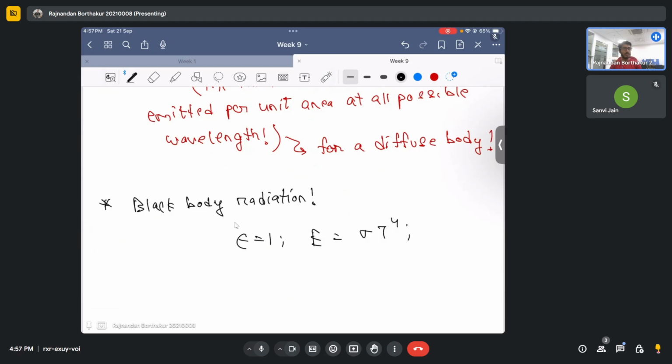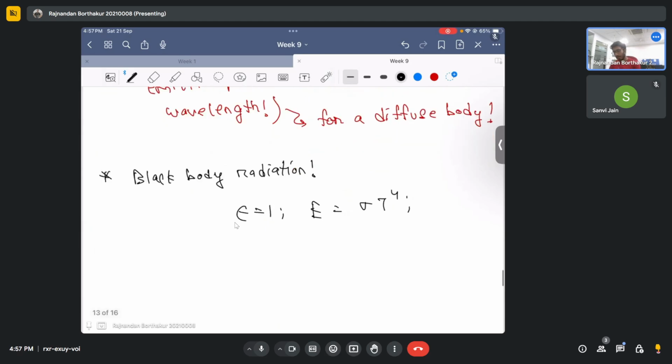Also, a black body absorbs all the radiation that is incident on it. And it is also said that at a given temperature, a black body has the maximum emissive power. That is again because the emissivity of a black body is equal to 1. So these are some properties of a black body.